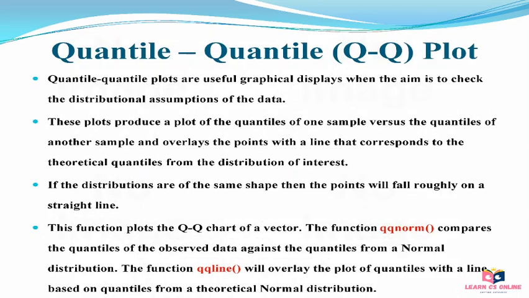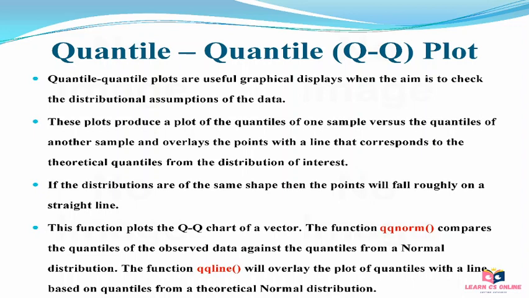QQ plot or quantile plot draws the correlation between a given sample and the normal distribution. A 45-degree reference line is also plotted. QQ plots are used to visually check the normality of the data.